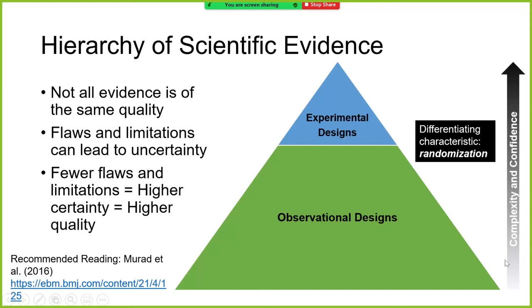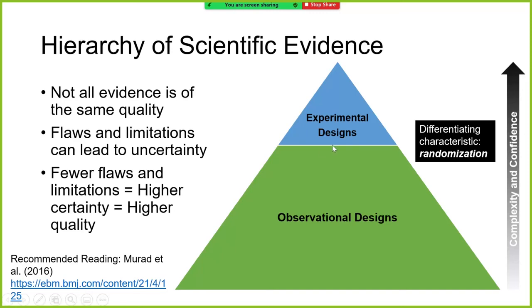Notice for this hierarchy of evidence that as we move from the bottom to the top, we are increasing our confidence in the evidence that's produced by the study, but the cost of that increase in confidence is added complexity. So they're at the top because they're more complex. And if they're more complex, they usually cost more, require more participants, and take a lot longer to conduct. For every decision that we make, there is always a cost, and that cost will come in terms of complexity and resources necessary.